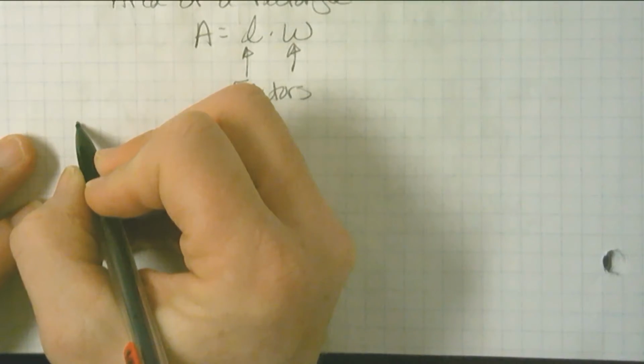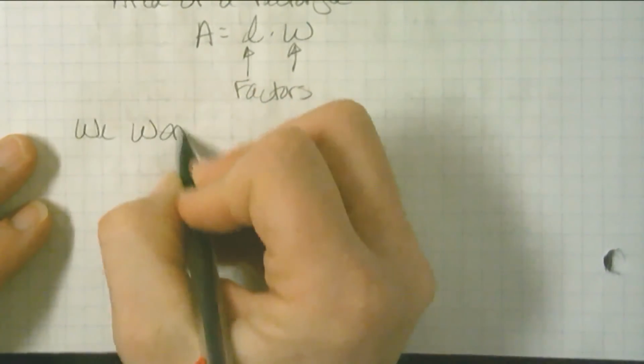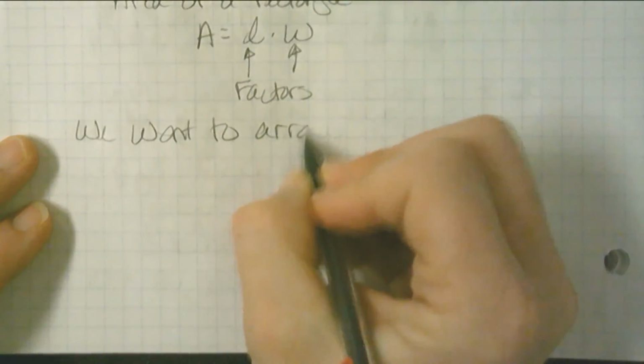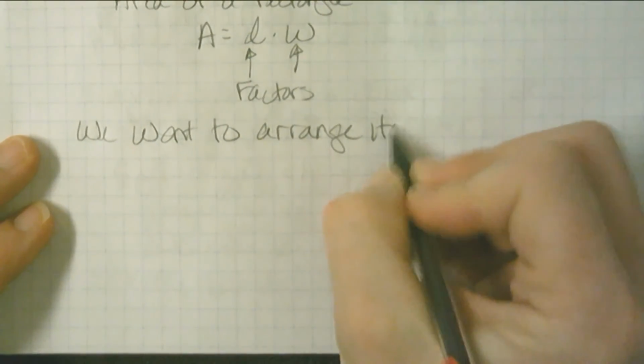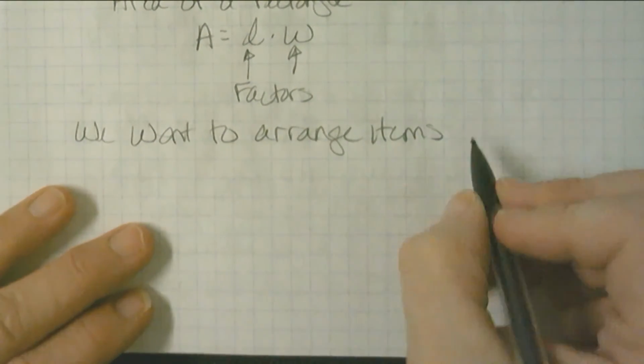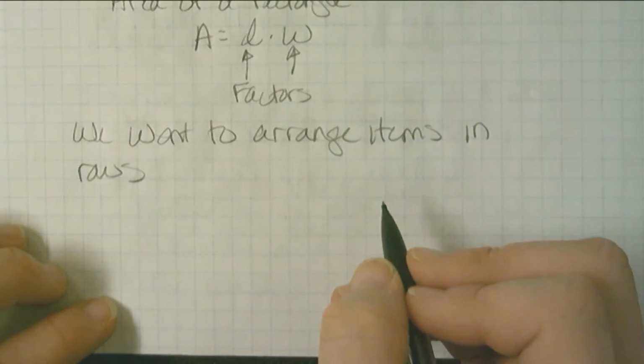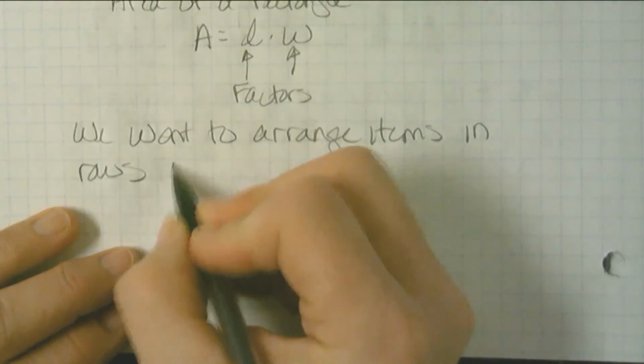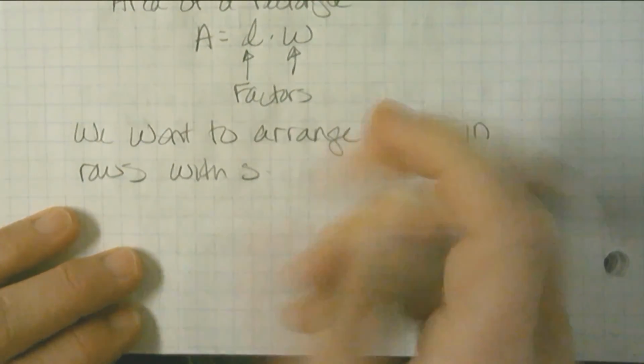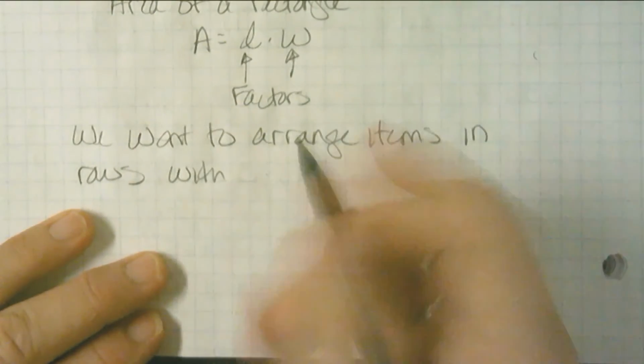All right, so one way we can use factors, we want to arrange items in rows with the same number of items in each row.